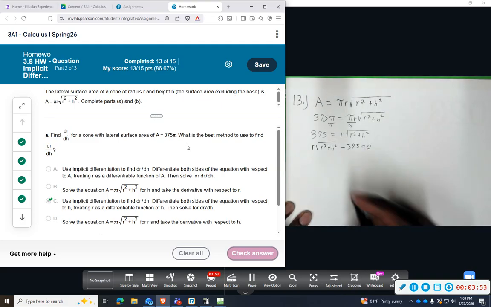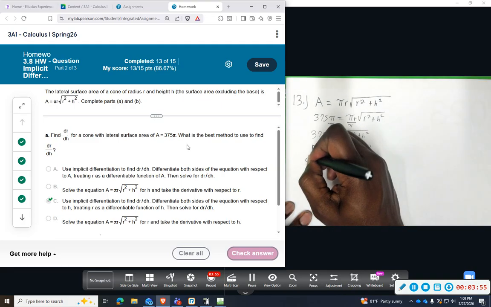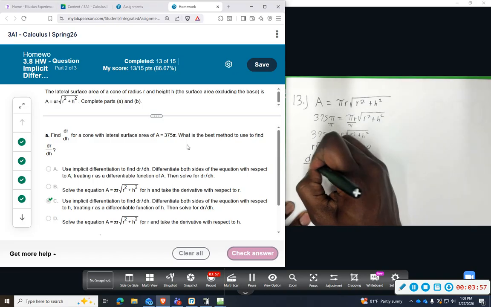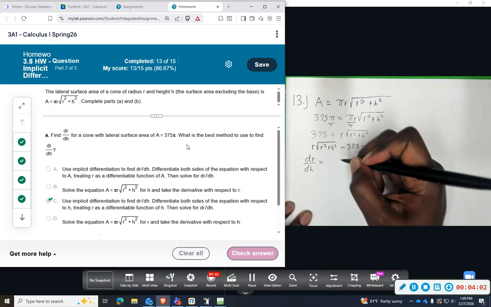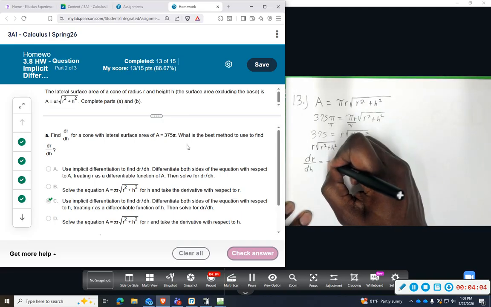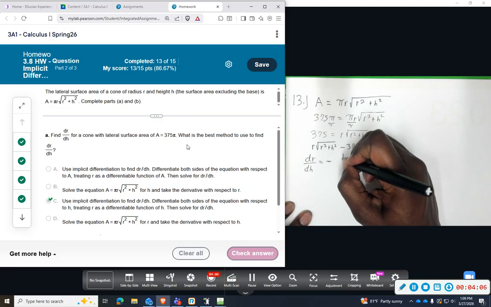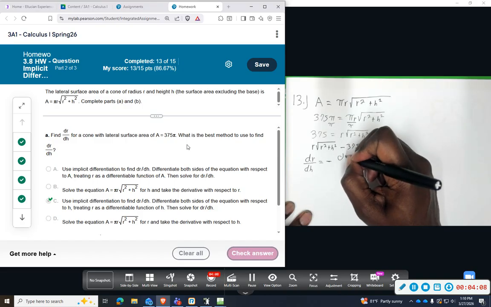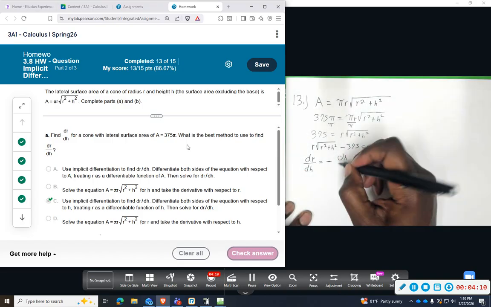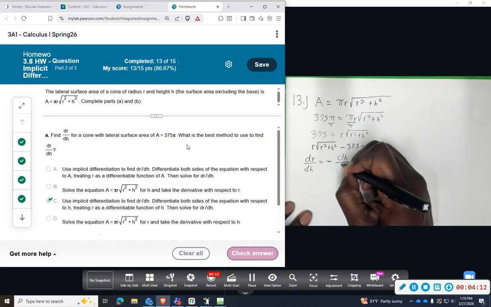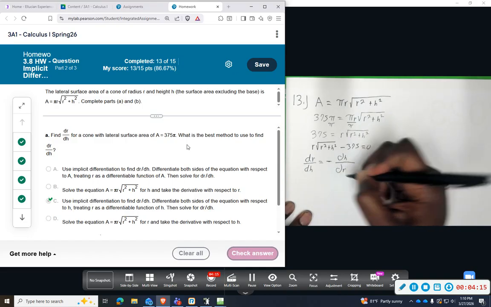All right, so now we want to find dr/dh. I use the partial derivative definition, so that's the negative of the partial with respect to h, whatever's on the bottom, over the partial with respect to r.